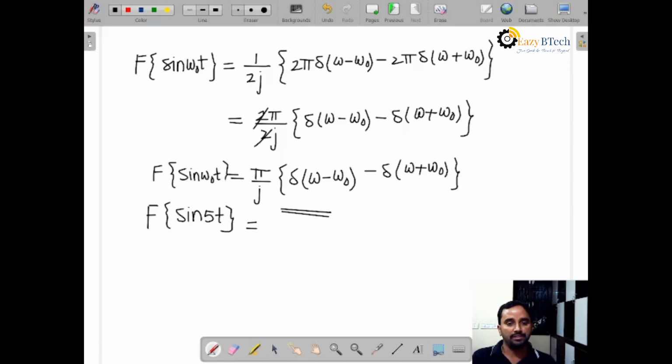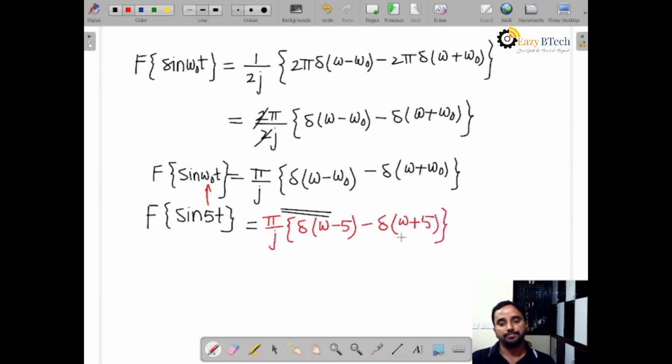By comparison, omega naught is equal to pi. Therefore, the answer is pi by j times del of omega minus pi minus del of omega plus pi. So this is the sine pi t Fourier transform.